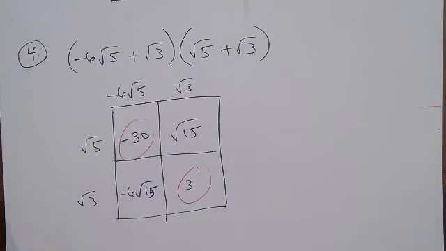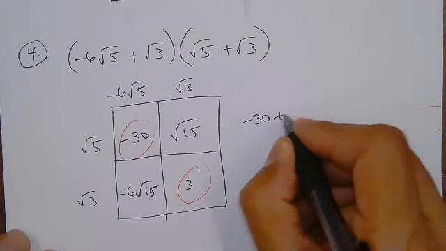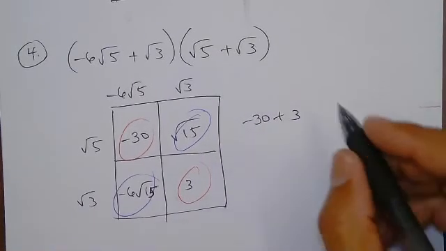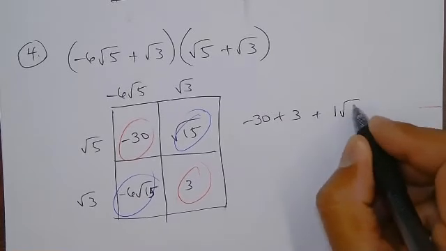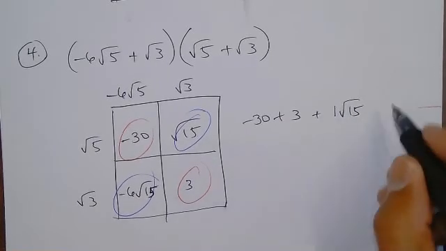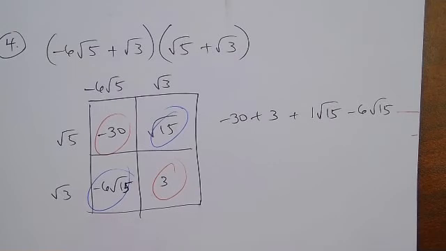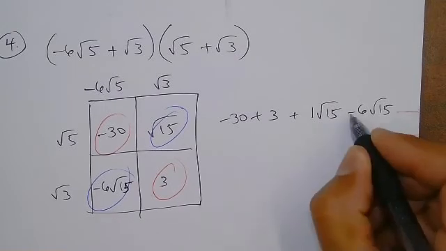Okay, so then I'm going to combine like terms. These are like terms because they're numbers. So whatever negative 30 plus 3 is, and then the other like terms are these because they have the same root 15. So isn't that going to be really like a 1 root 15? Yeah, you might want to write it. And then minus 6 root 15.